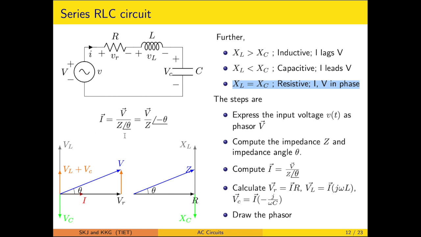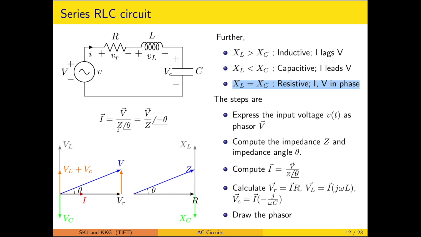A similar procedure applies here. The phasor diagram is drawn in a different manner because the current is common, so we have used the current as a reference. Voltage drop across the resistance is marked along the direction of current. Voltage across the inductor, which is 90 degrees leading, so VL is marked. VC, which is 90 degrees lagging, is marked.